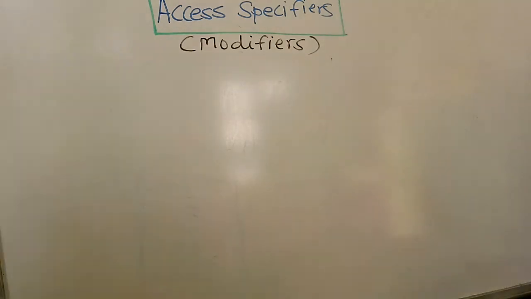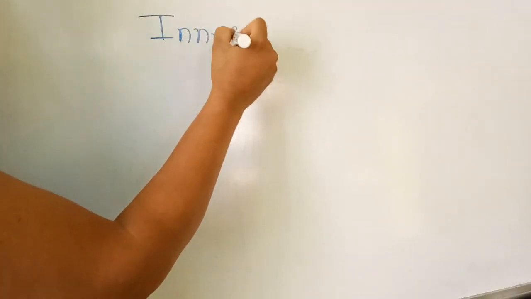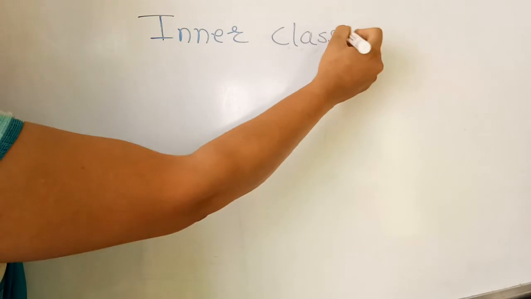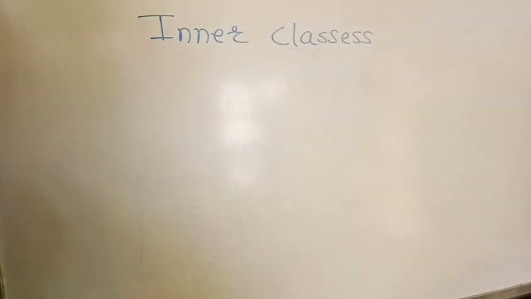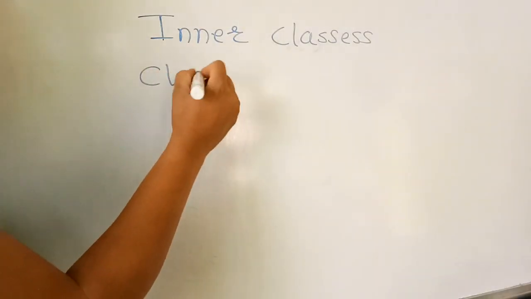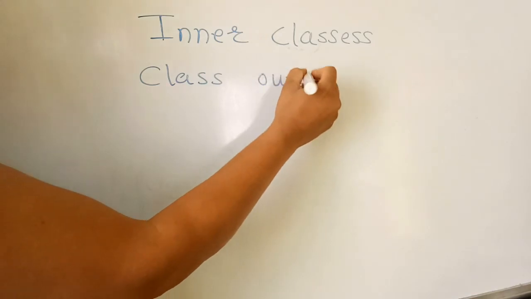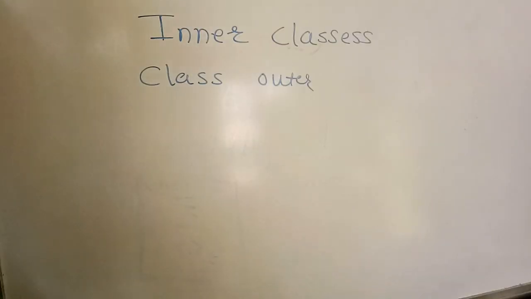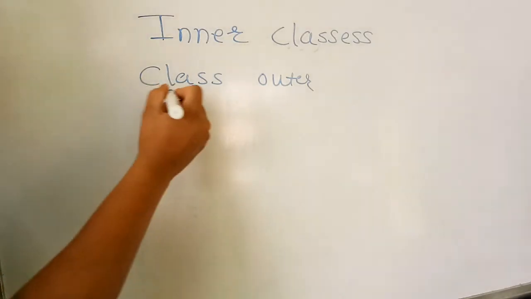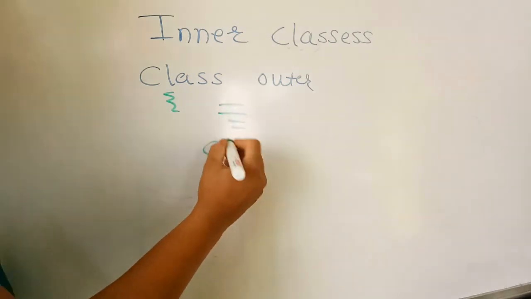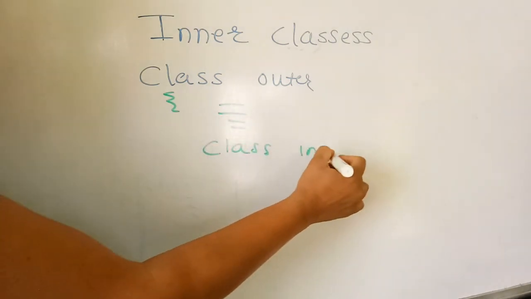Now we will take the next mechanism, that is inner classes. What is it? For example, we have a class named outer, and we have another class, class inner.